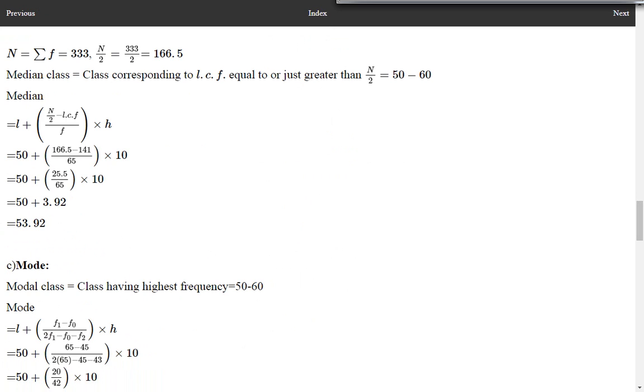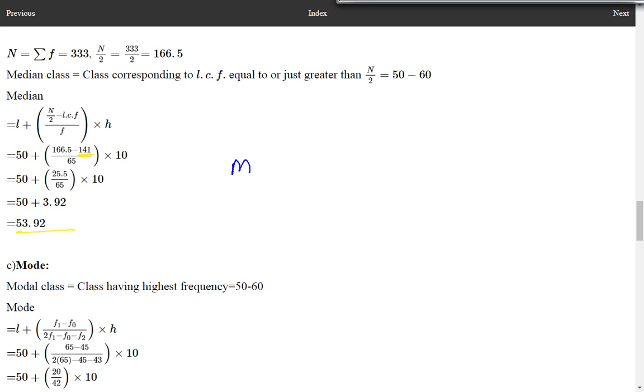With that, the LCF which I have taken is 141, and it is the frequency which we have seen. Their difference is 25.5 upon 65 into 10, and add 50 to this, so we'll get the median as 53.92.